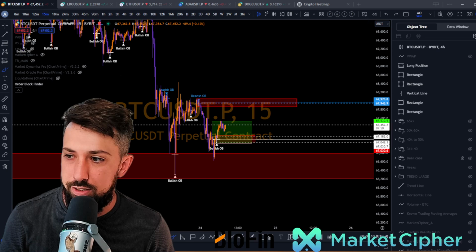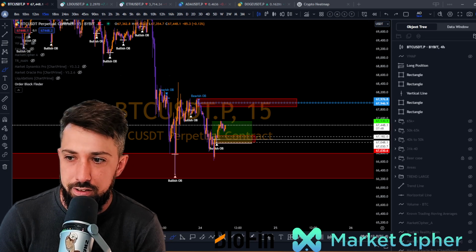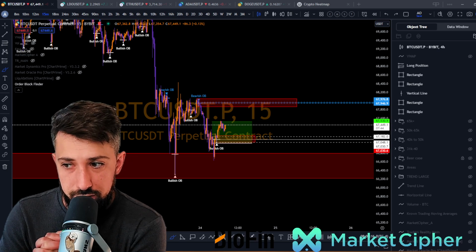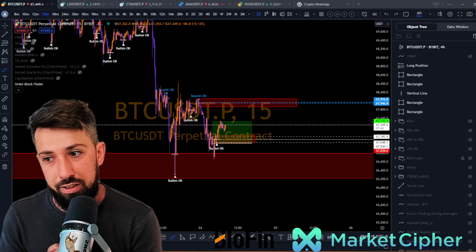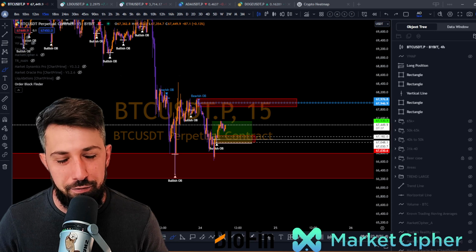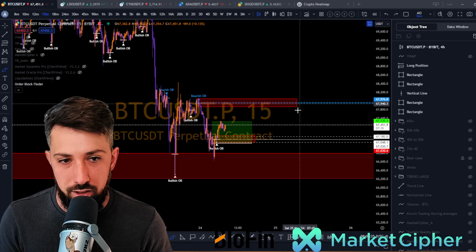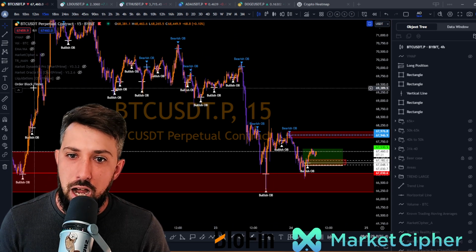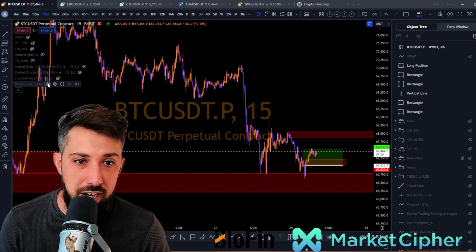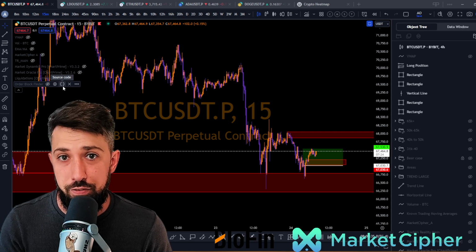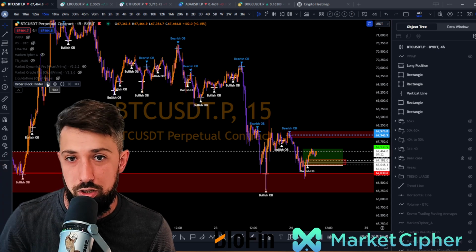So there's many ways to use them. These blocks represent the footprints of major financial institutions as their large orders influence price movements, providing crucial insight into potential future market directions, okay? So make sure you're using these order blocks. I would try out this order block finder, and then I would get rid of it and then go and mark them out for yourself and then check your work, okay?